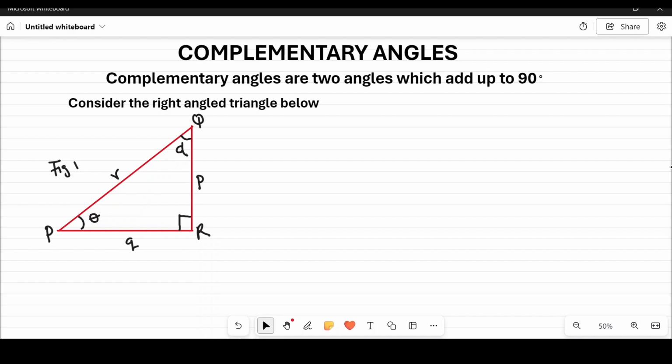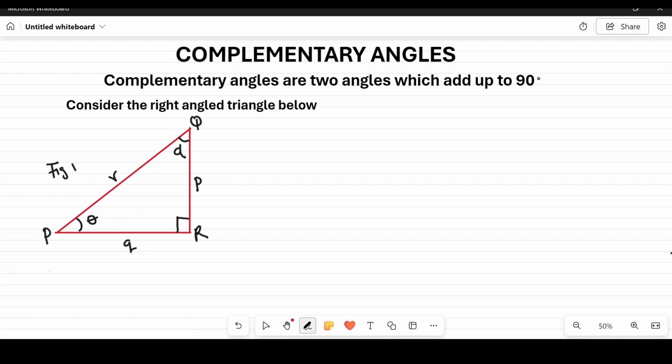Complementary angles. These are two angles which add up to 90 degrees. If we consider the right angle triangle below, we have that angle PRQ is equal to 90 degrees, which is a right angle triangle.